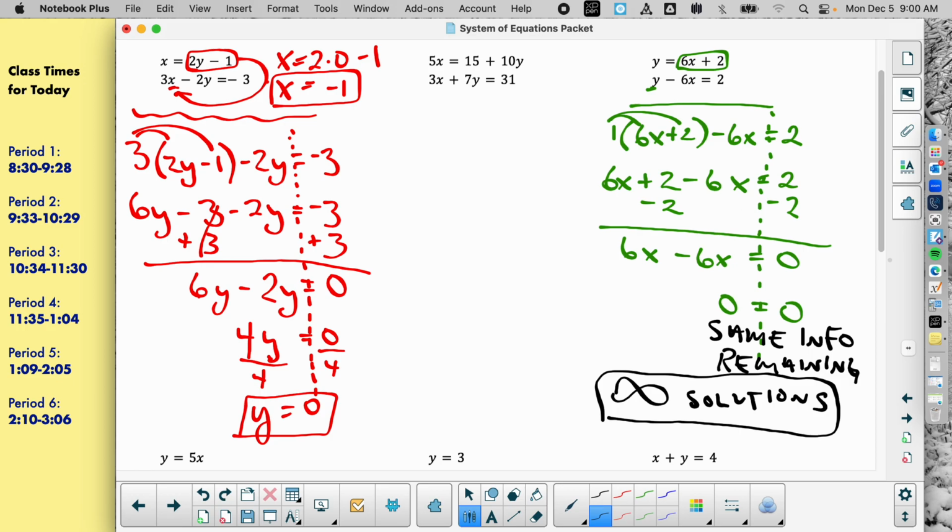So I am going to divide everything in that top equation by 5 because then it's what we wanted. So then this would say x equals 3 plus 2y. Yep. Good start.